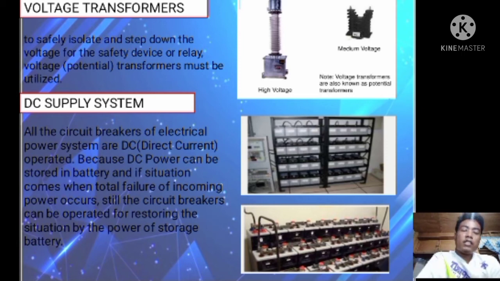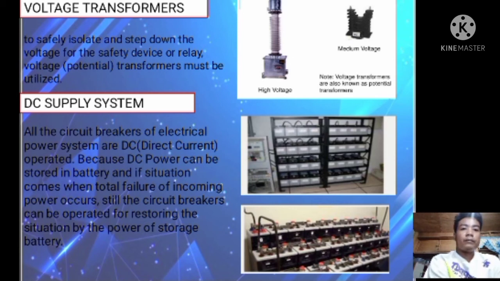So yung voltage transformer is for high voltage. Note that voltage transformers are also known as potential transformer. So yun na yun, yung voltage transformer, yung PT. For medium voltage and high voltage, pang step down din siya ng voltage.